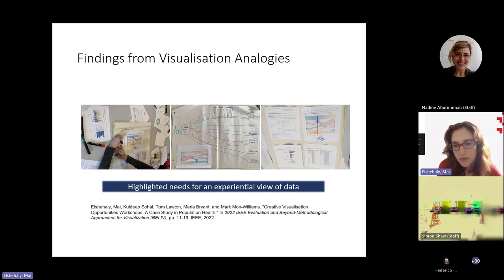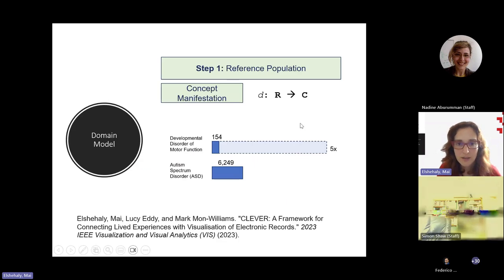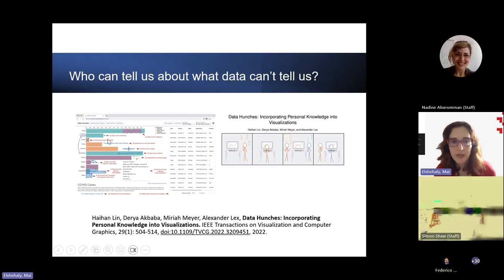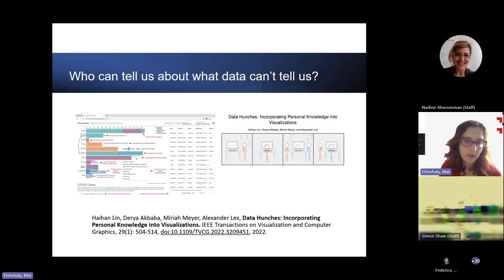So the argument that we started making from that point onward has been the opposite to the data hunches argument, where in data hunches, again, I'll go back to it, the main artifact is the data, and then you have the narrative or the real world narrative to contextualize the data.